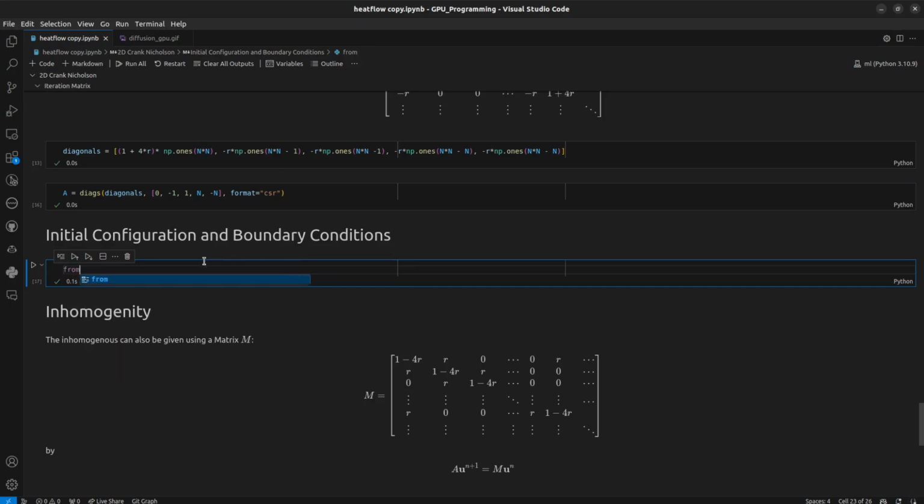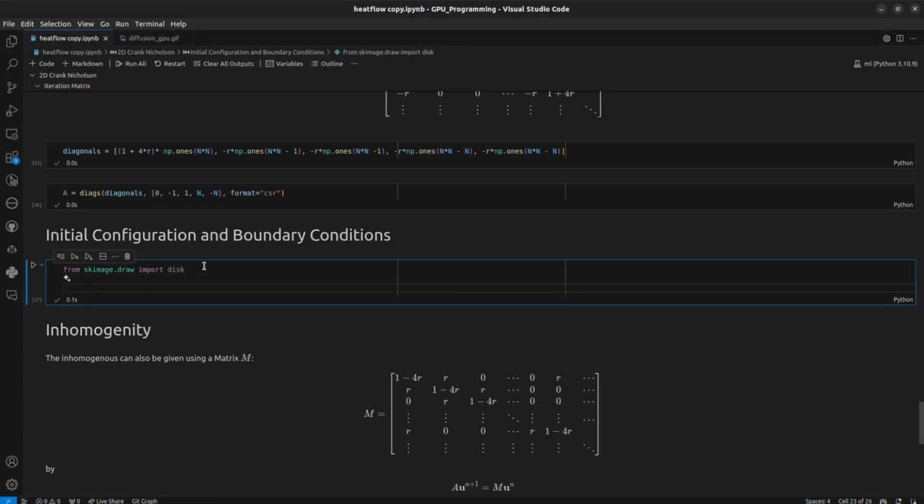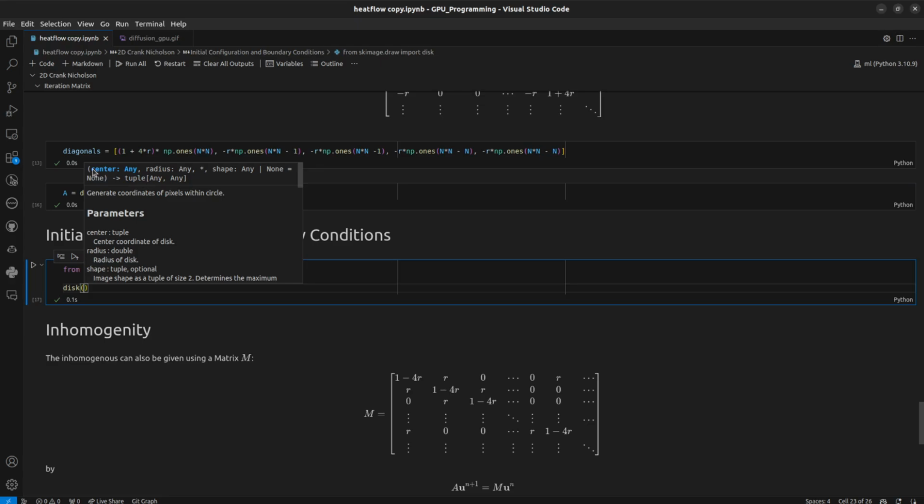So how we do that is we import disk. And how the disk method works is, in the first element we give it the center in x and y, and in the second we give the radius.